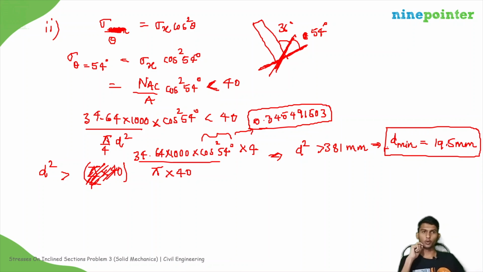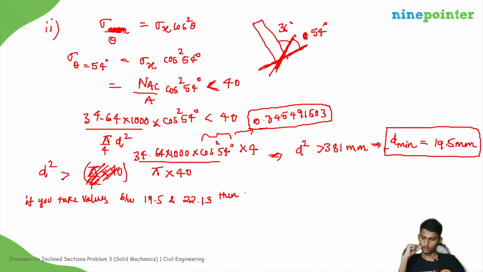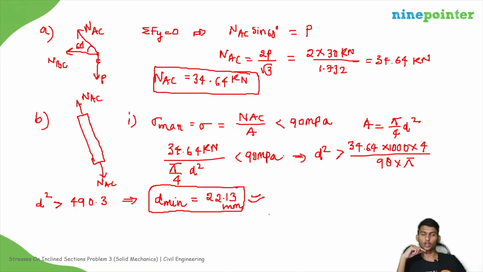So see, we need to satisfy both cases. If you fail to satisfy any one of the cases, then the rod will fail, right? So if you take values between 19.5 and 22.13, the rod will fail, because D minimum in this case to not fail is 22.13.